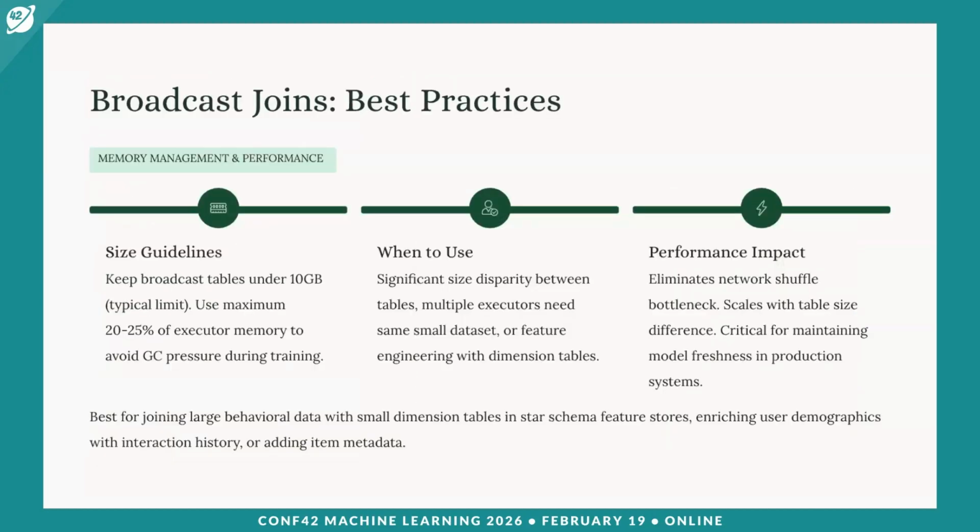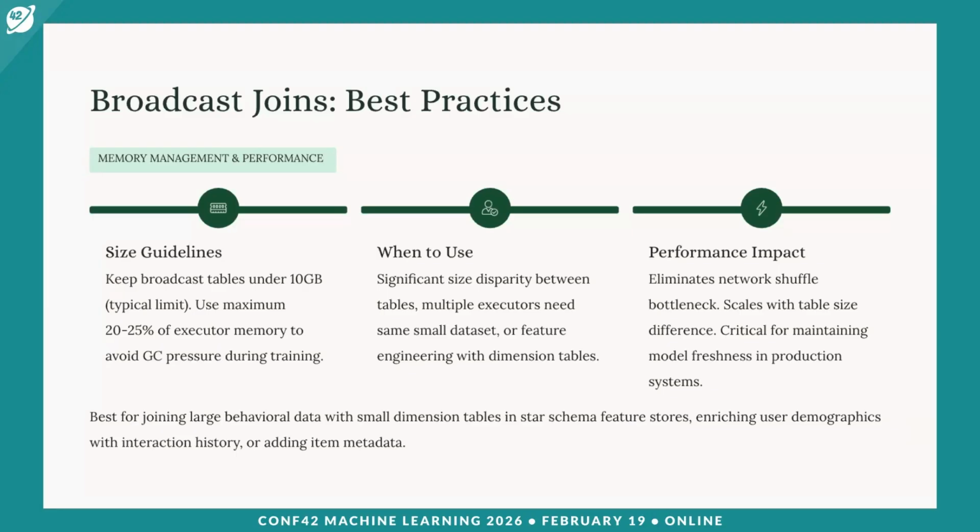So here are some guidelines and best practices that we can use. Keep the broadcast table under 10 MB, which is a typical limit. Use a maximum of 20-25% of executor memory to avoid GC garbage pressure during training, and look for a significant data size disparity between tables.